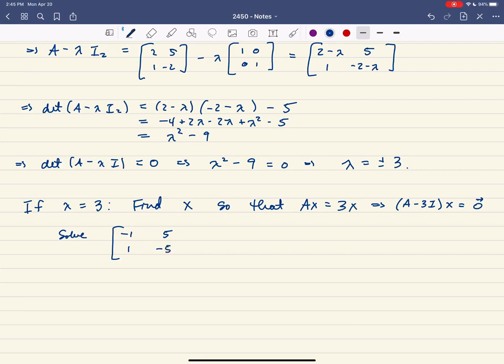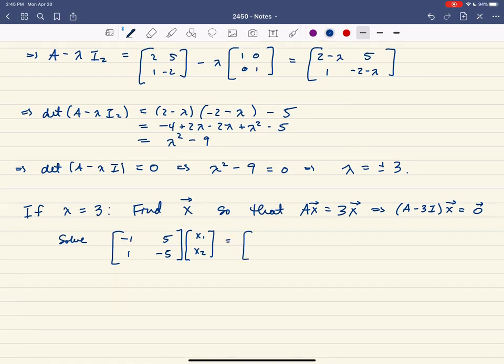And indeed, this is going to be a matrix that has determinant 0 because one row is a multiple of the other. And let's say x is x1, x2. So we're thinking of x as a vector with components x1 and x2. And we want this to be equal to the 0 vector.